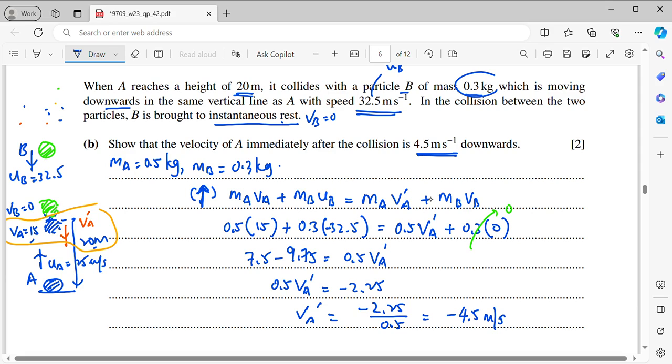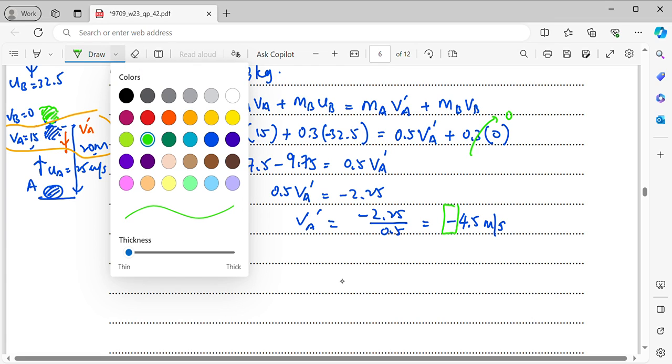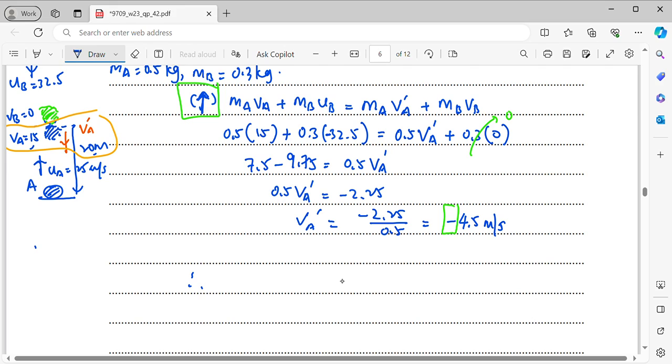Now, I consider upwards as positive, and you are getting negative. So this negative shows that this is downwards, the direction of the motion. So then I would just say VA prime is 4.5 meters per second downwards. So that's the solution of this question.